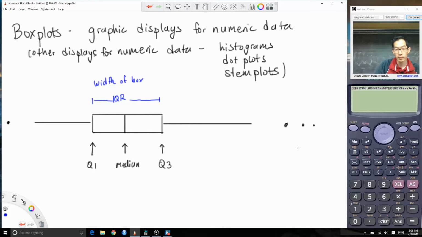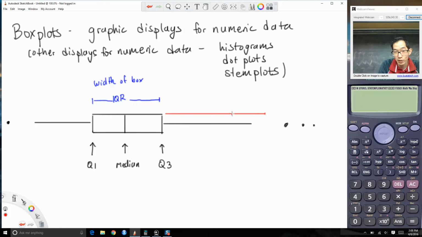What separates the outliers from the rest of the data? We set up these invisible boundaries. We're going to take the width of the box and multiply it by 1.5. So here is one width of the box, and then here's another half.